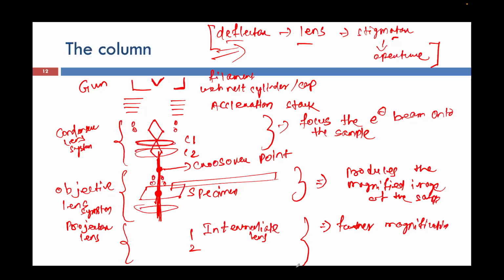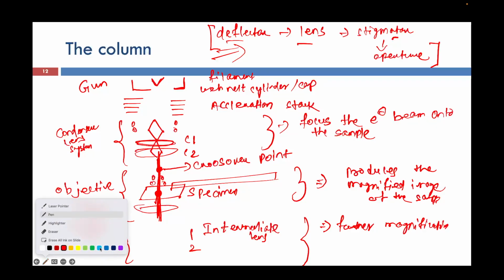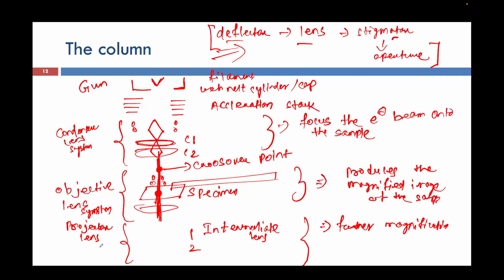How are we achieving the final magnification? The magnification happens beyond the objective lens system.